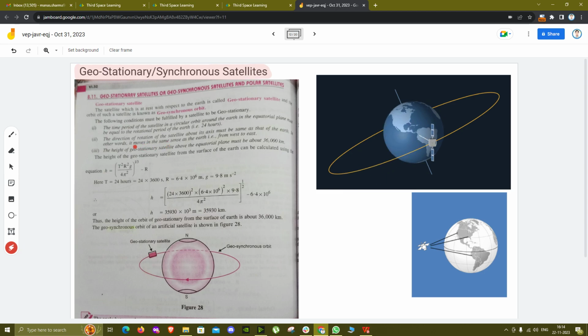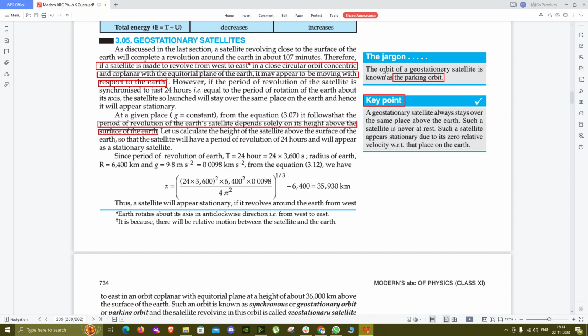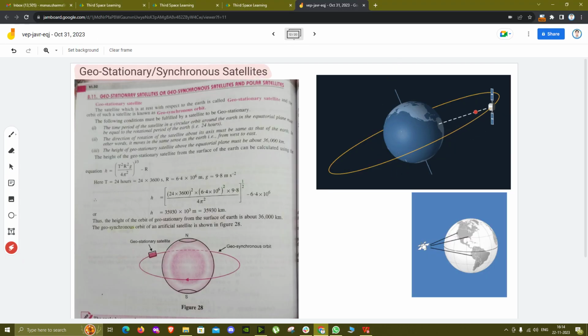Okay, this is what we call moving in the same sense as the Earth, from west to east. One more point here, the orbit of the geostationary satellite is known as the parking orbit. It is as if you have parked the satellite on this orbit. From the surface it will look like it has been parked in the sky. So we will say that this is the parking orbit of the satellite.